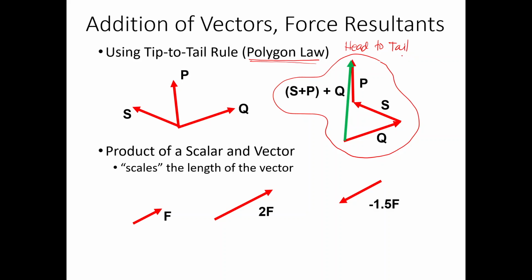So if you only have two forces, most likely you will be creating a triangle, because the third side will be the resultant force. So for example, two forces only. So let's say this one is P, this one is Q. So two component forces. So the resultant is the hypotenuse, or let's say the longest side. So that's why it's called the polygon, because of course the triangle is also a polygon.